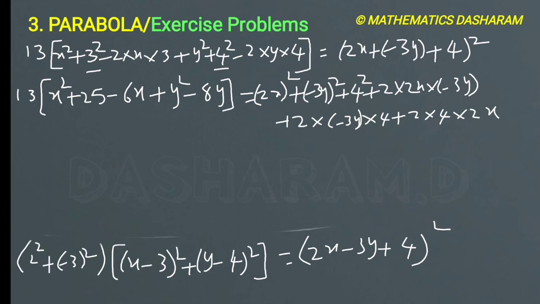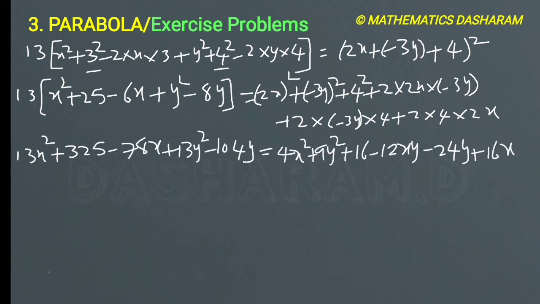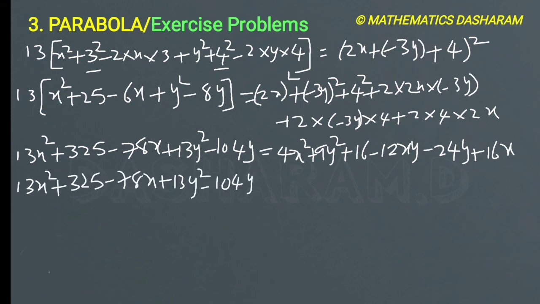So 13 multiplying inside 13x square, 13 into 25. Now write these all terms to left side. So 13x square, 325, so minus 4x square minus 9y square minus 16 plus 12xy plus 24y minus 16x equals to 0.